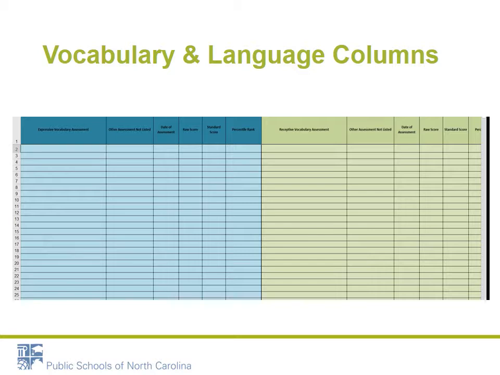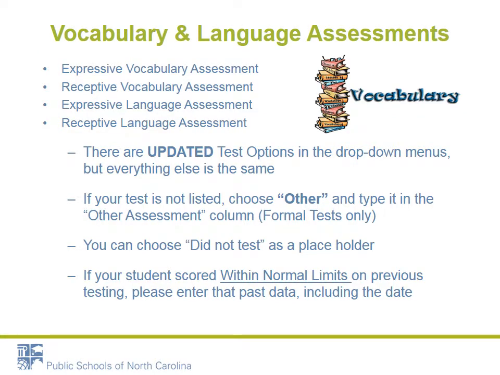The vocabulary and language columns are what we are going to be discussing next. There really are not many new changes to these columns this year besides some updated testing options in the drop-down menus. Please remember that these columns are for formal tests only. If you are not sure if an assessment is formal or informal, please ask your speech-language pathologist or school psychologist.